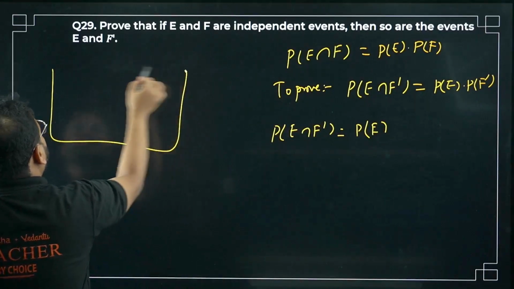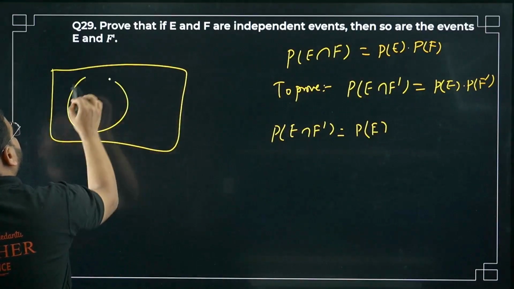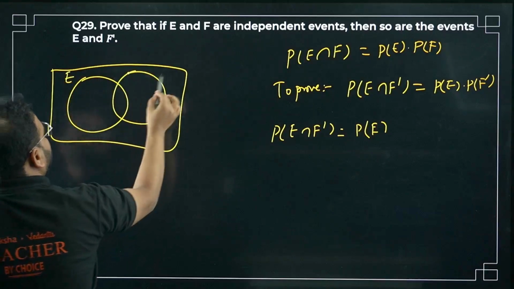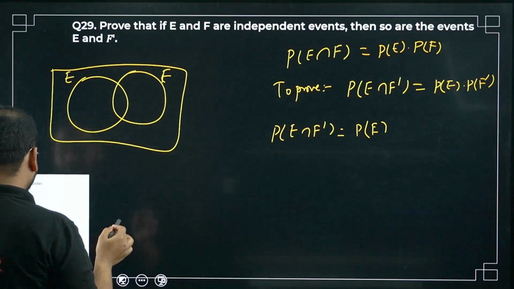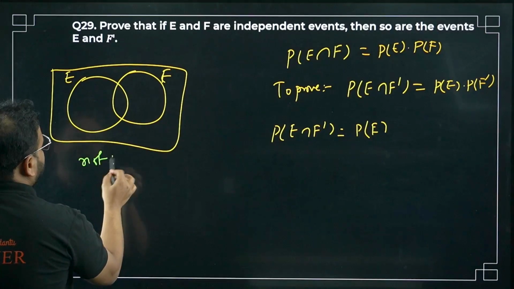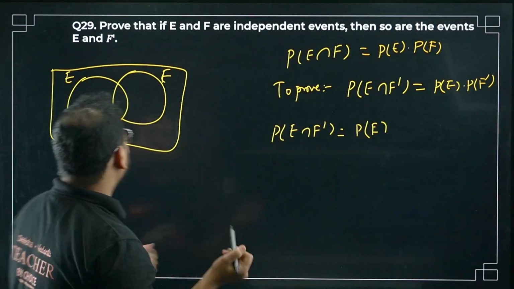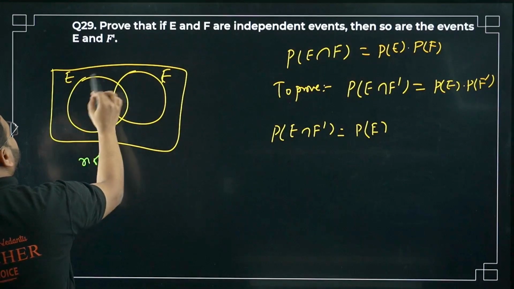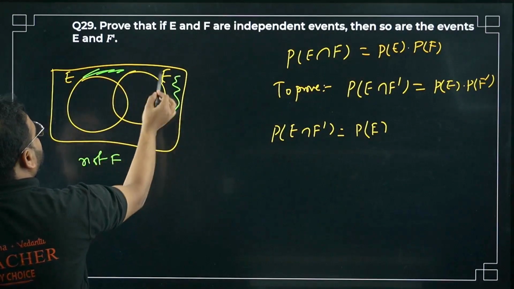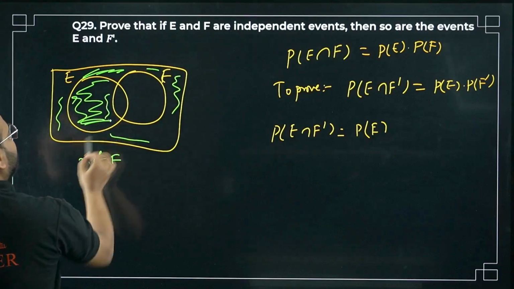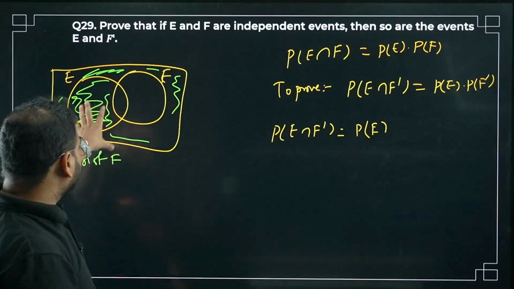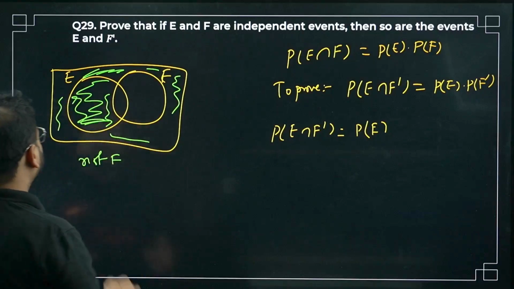If I show you from the Venn diagram, let's say this is the event E and this is the event F. Not F means what? Think about it. Not F is all the outside part of F, and this part of E. That's the meaning of not F.